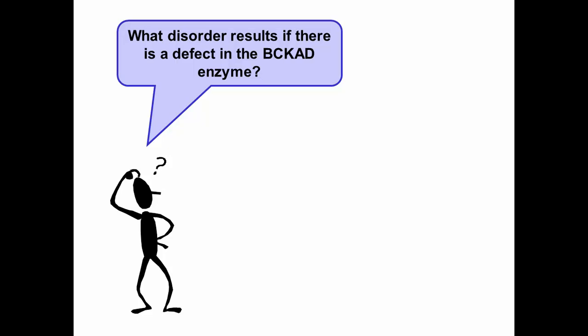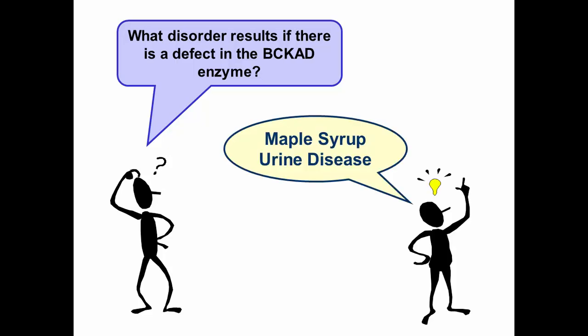We have a genetic inborn error of metabolism that is a defect in the BCKAD enzyme. Has anyone ever heard of this by any chance? It's called maple syrup urine disease. It's an early infancy inborn error of metabolism in the BCKAD enzyme.